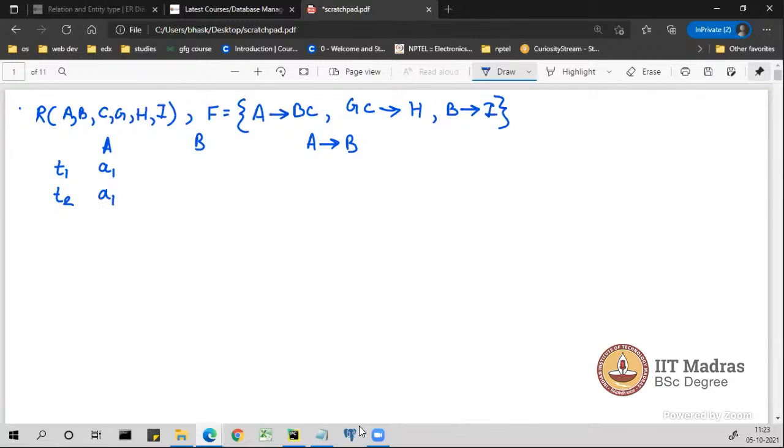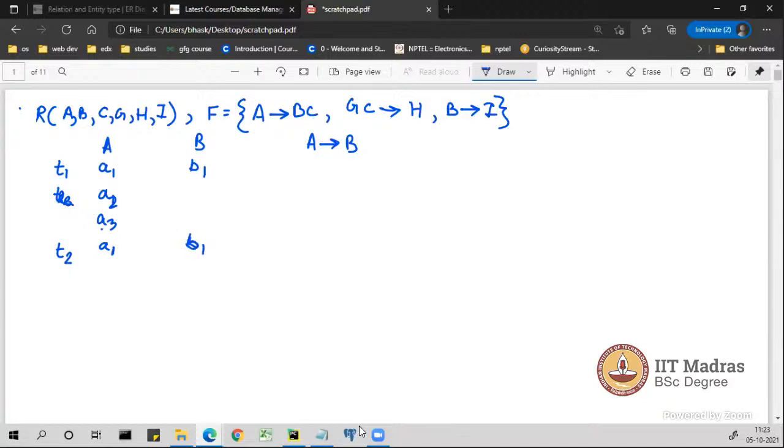Whatever B is over here, suppose B1. So if A1 repeats at any stage, say in a later tuple, with A2, A3 and so on elsewhere, whenever we find A1 again, it should only be associated with B1.